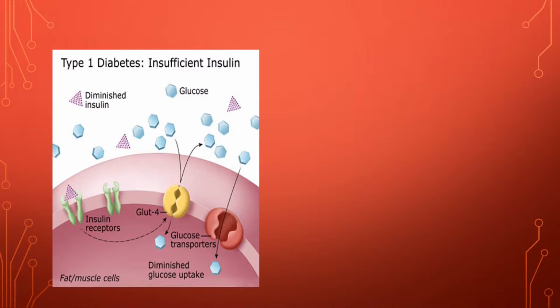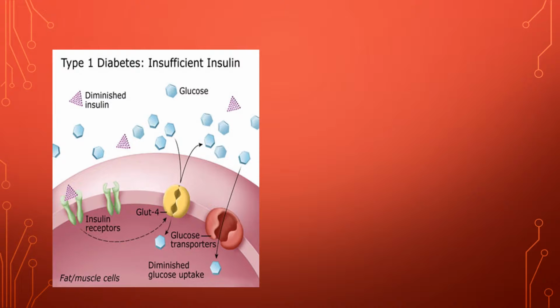But the signal that tells the cell you should let glucose in is called insulin. It's a hormone. And so the insulin binds to these green receptors on the cell's surface, and that in turn tells the transporters to allow glucose in. So in type 1 diabetes, basically your pancreas is damaged and it doesn't make enough insulin.